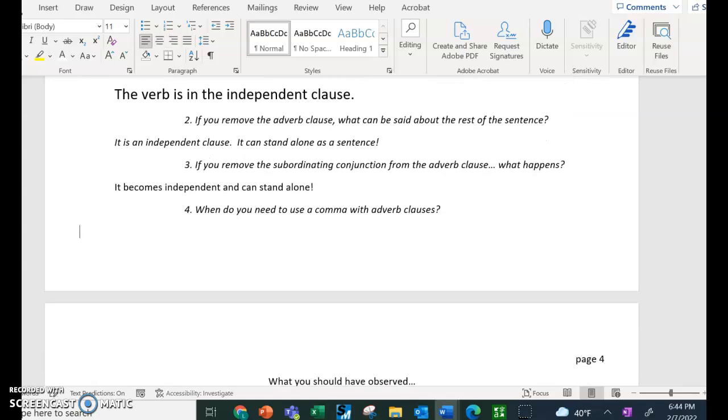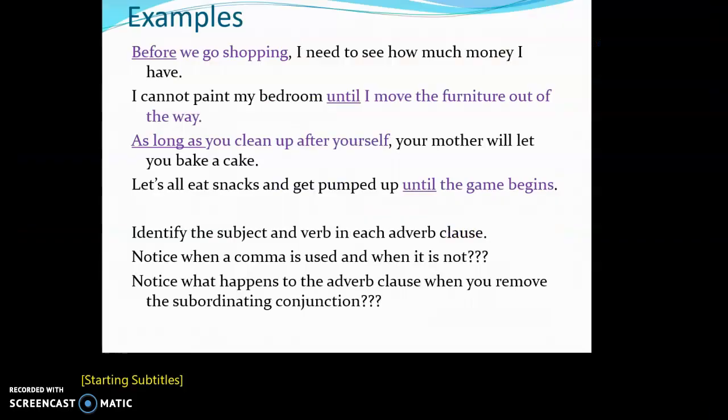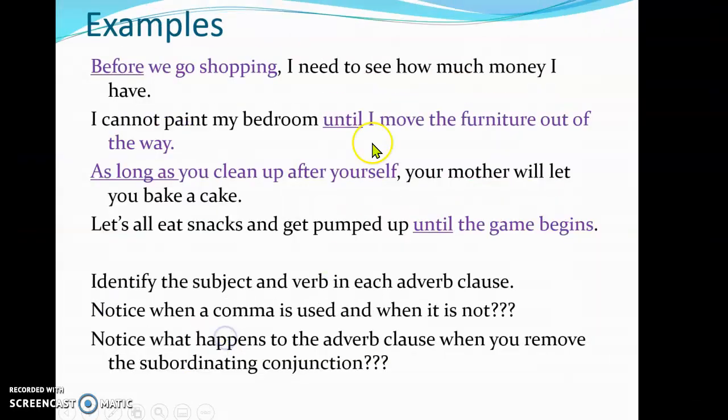And finally, when do you need to use a comma with adverb clauses? You may have noticed from this slide that two of them have commas, and this one does not. This is not because I just randomly put commas or because I made a mistake. These commas are purposely there.